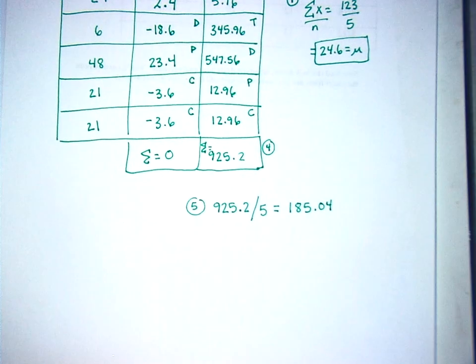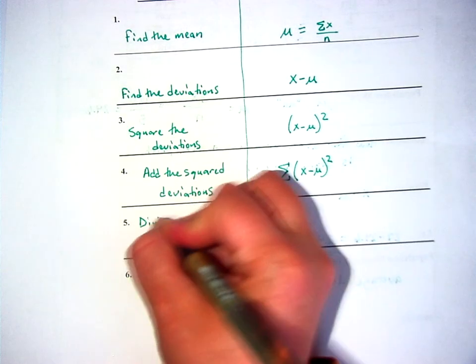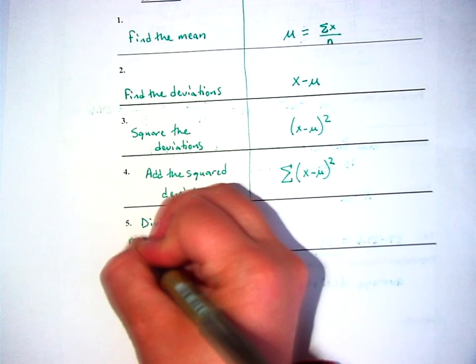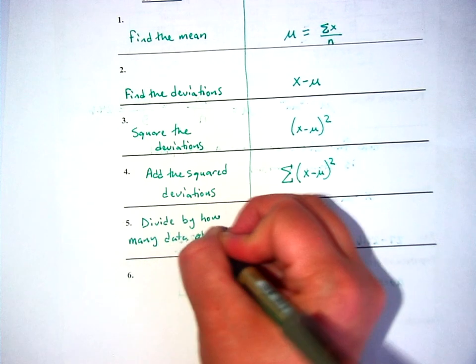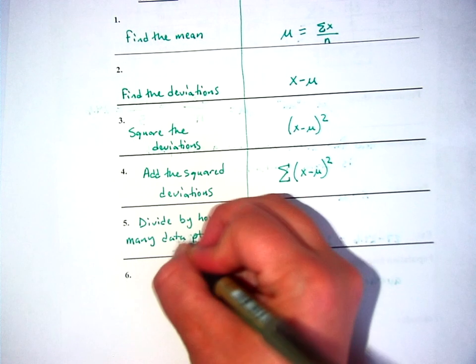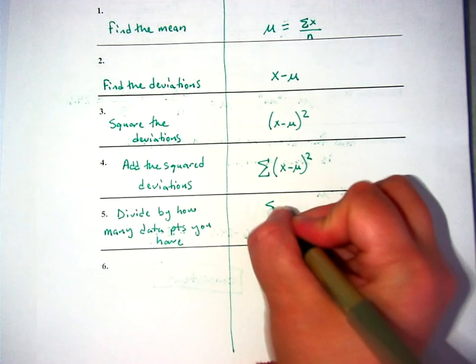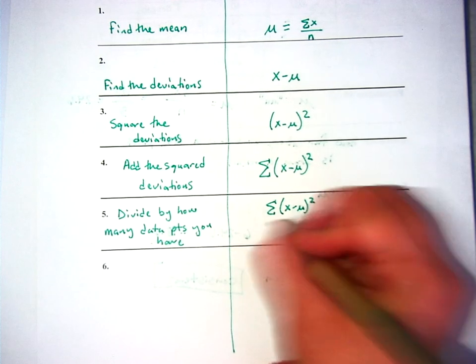Over here, I'm going to write divide by how many data points you have. It is the summation of x minus mu squareds divided by n.